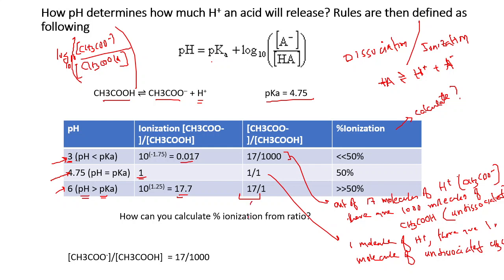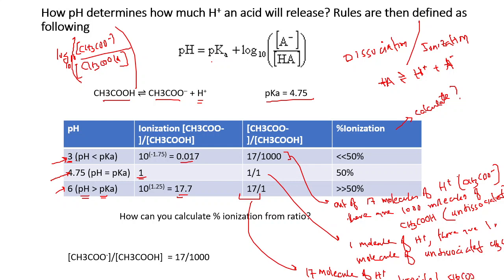For the third case, for 17 molecules of H plus, there is one molecule of undissociated acid, meaning it is predominantly dissociated or ionized.